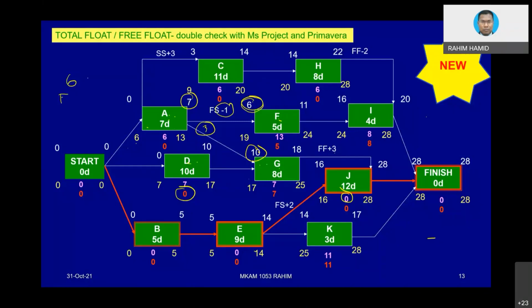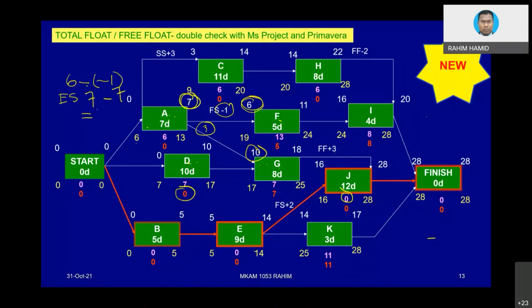You deduct with the early finish of the following activity, but there is a -1 there. So 6 minus -1 equals 7. Then only you can deduct with 7. So 7 minus 7 equals 0.